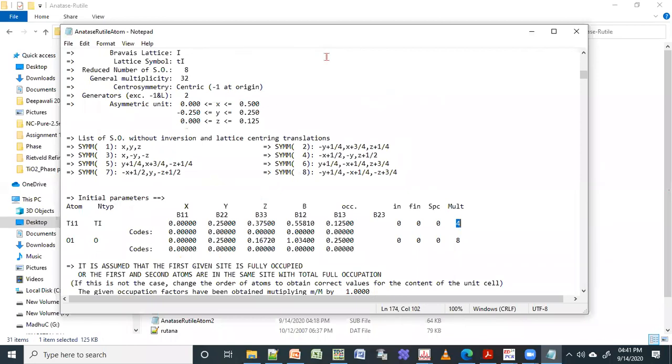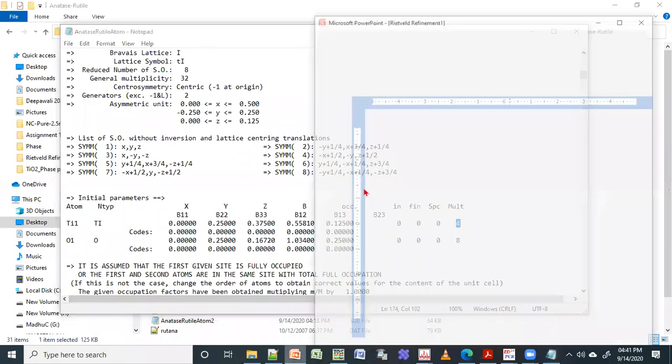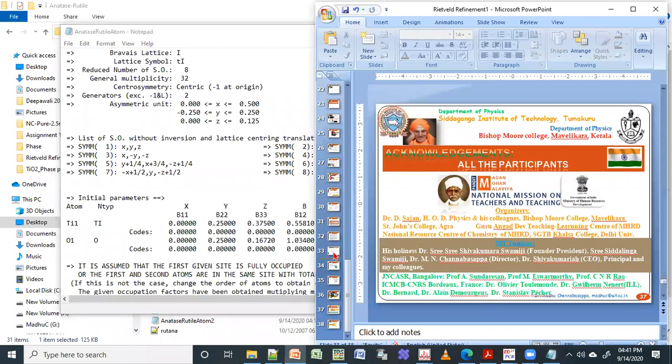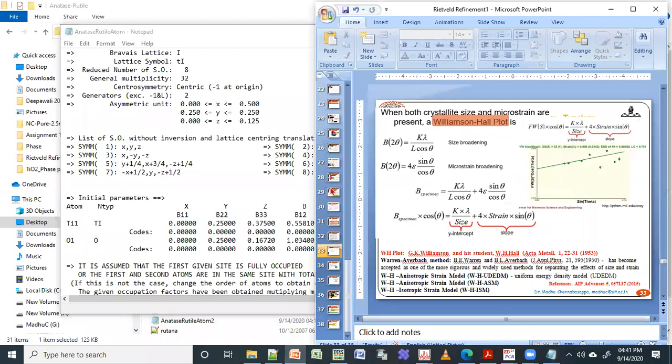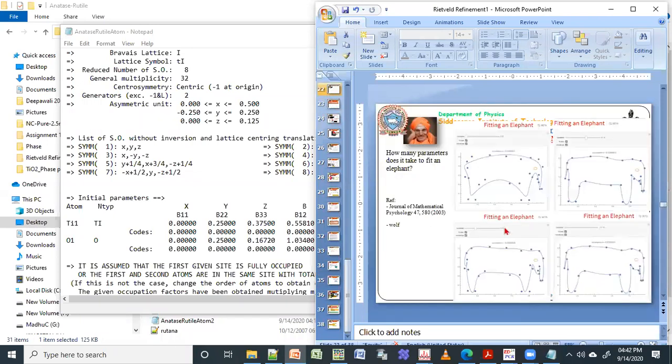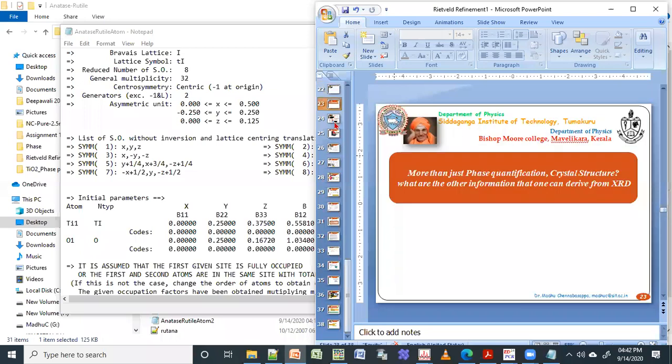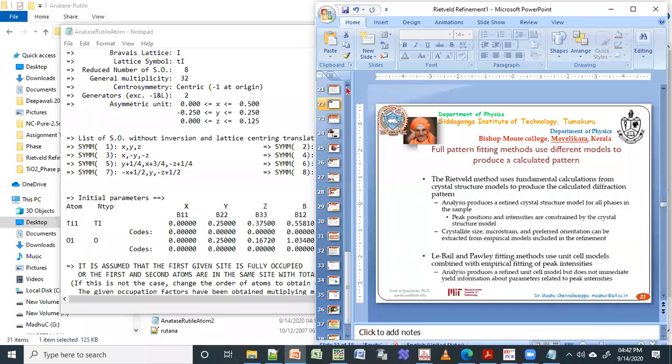Now occupancy, if you want to write occupancy, multiplicity is given by the relation.